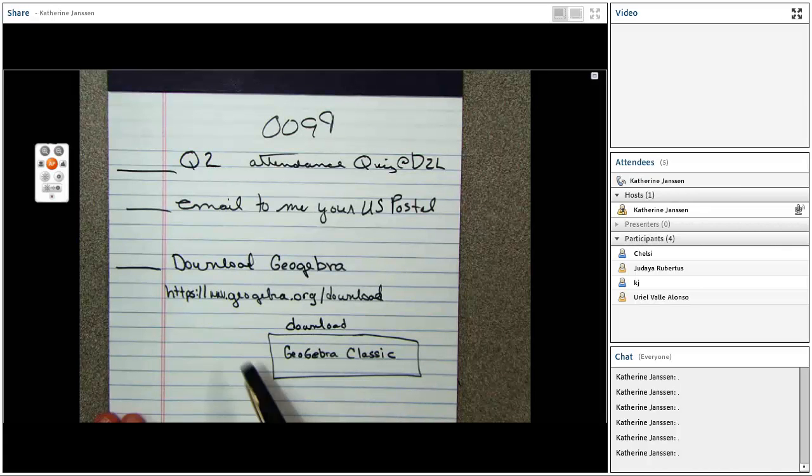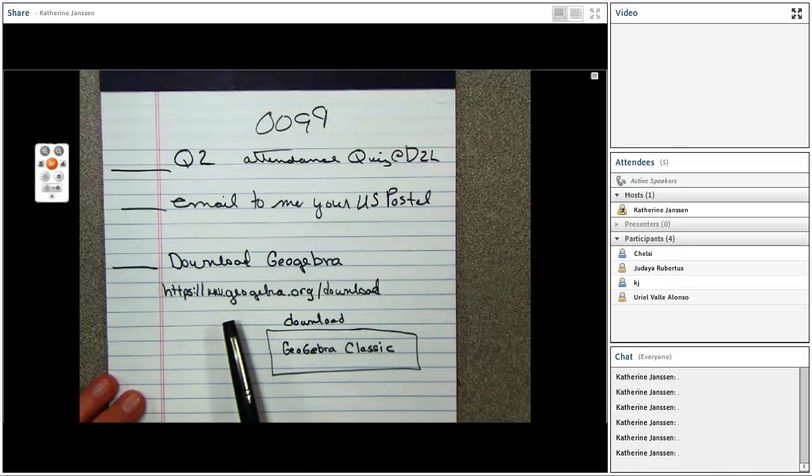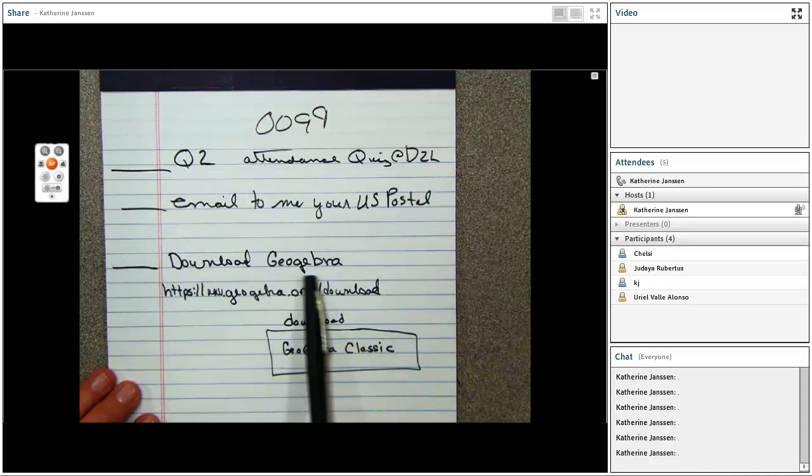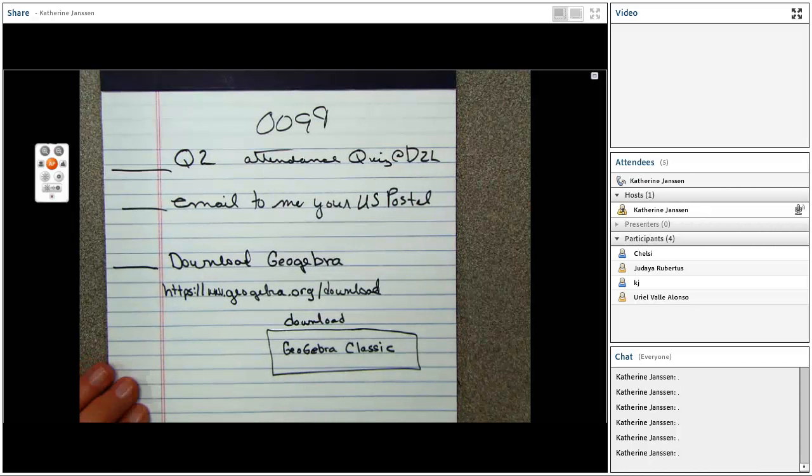And today I'm going to be looking at GeoGebra, so you will want to download GeoGebra to your device. GeoGebra, kind of an odd name perhaps, it's geometry and algebra, our graphing utility. It is free, and your site is www.geogebra.org/download.